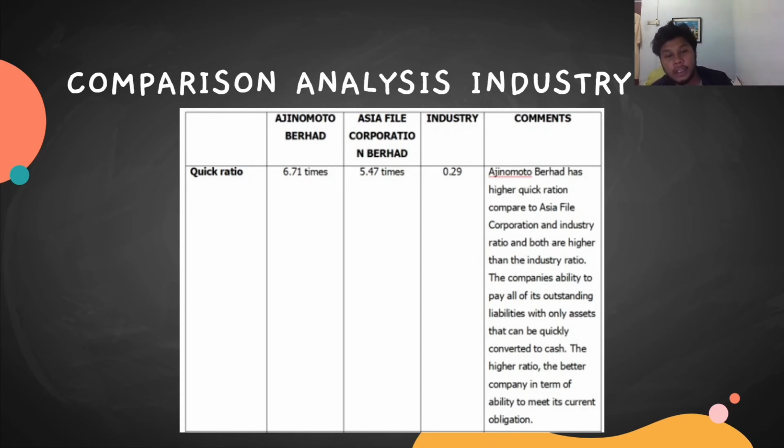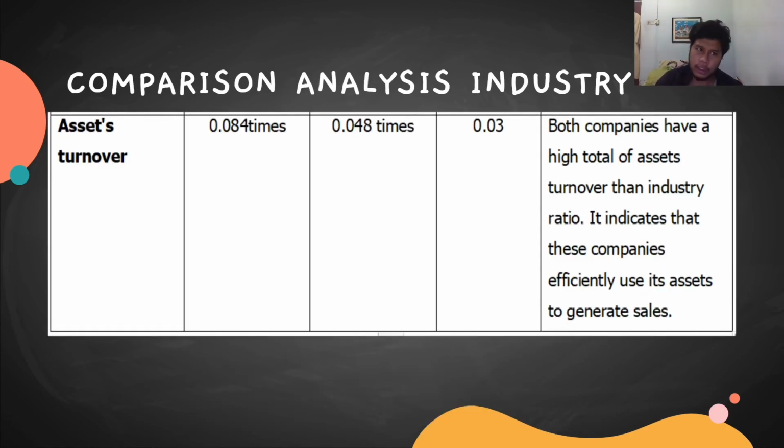So both of these companies have a very good ratio, and Ajinomoto is slightly higher than Ashafa Corporation.